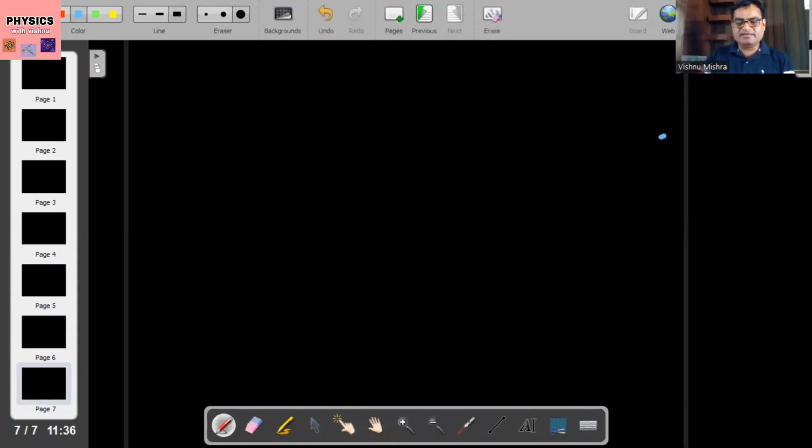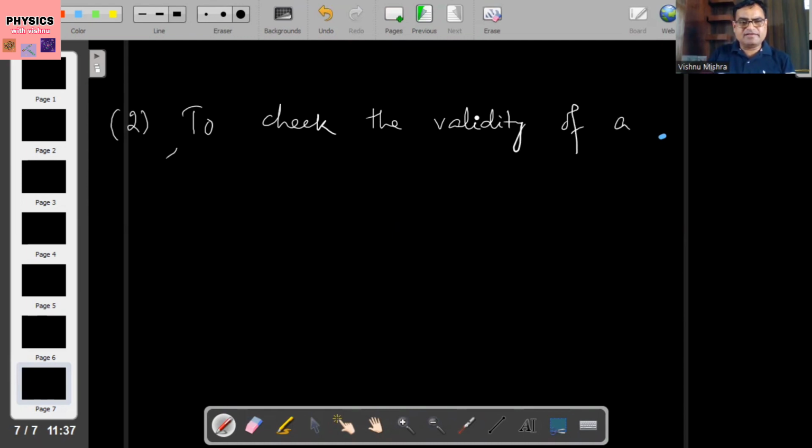Clear? Okay. The second application, application number 2, write down: to check the validity of a formula, whether it is correct or not.